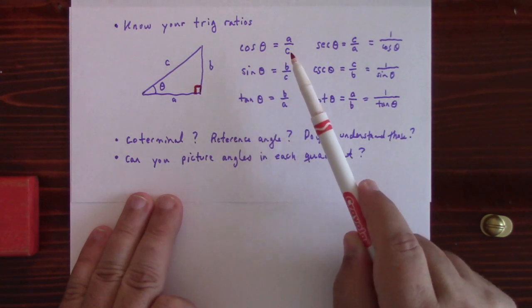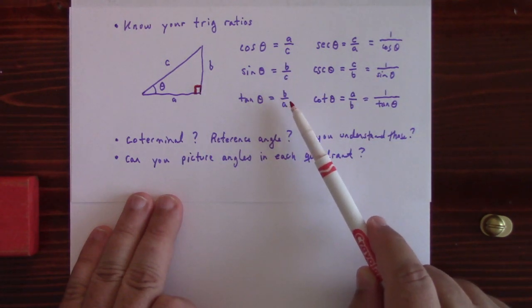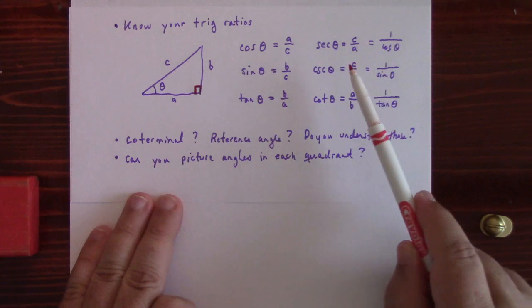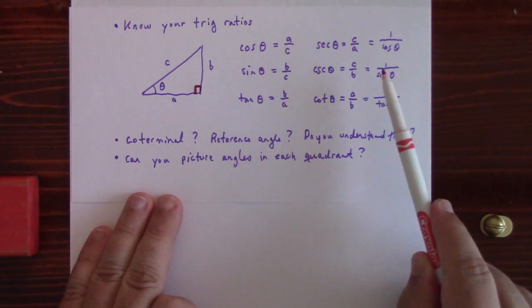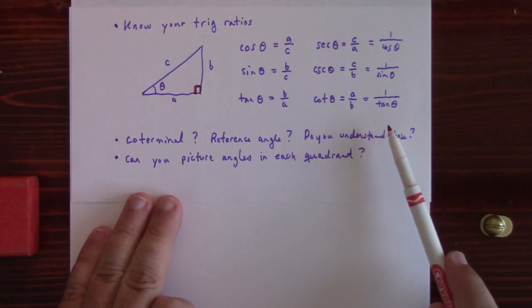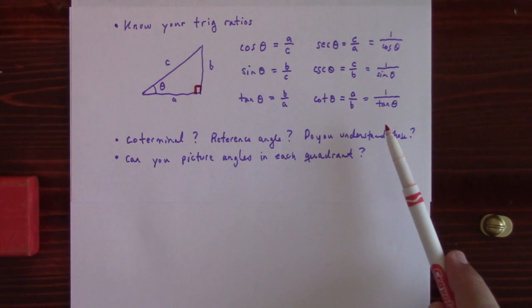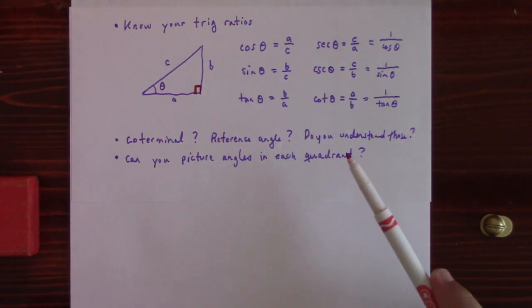Cosine is adjacent over hypotenuse, sine is opposite over hypotenuse, tangent is opposite over adjacent, secant is the ratio 1 over cosine, cosecant is 1 over sine, cotangent is 1 over tangent. And I would expect I'd ask you questions based on all this stuff, right?